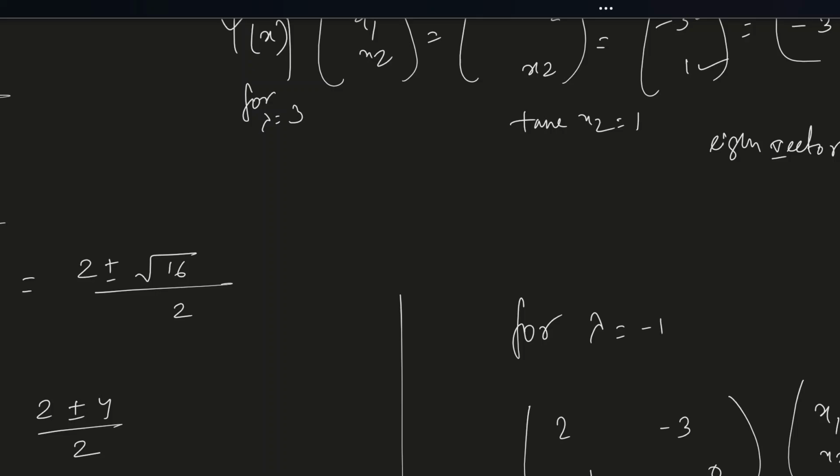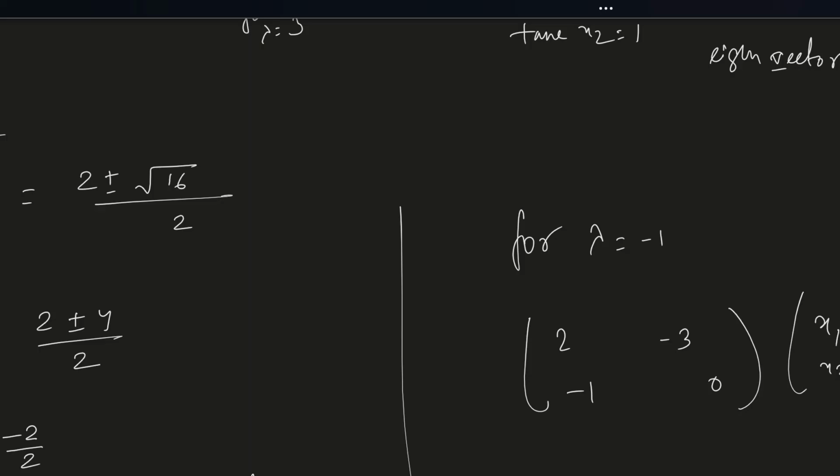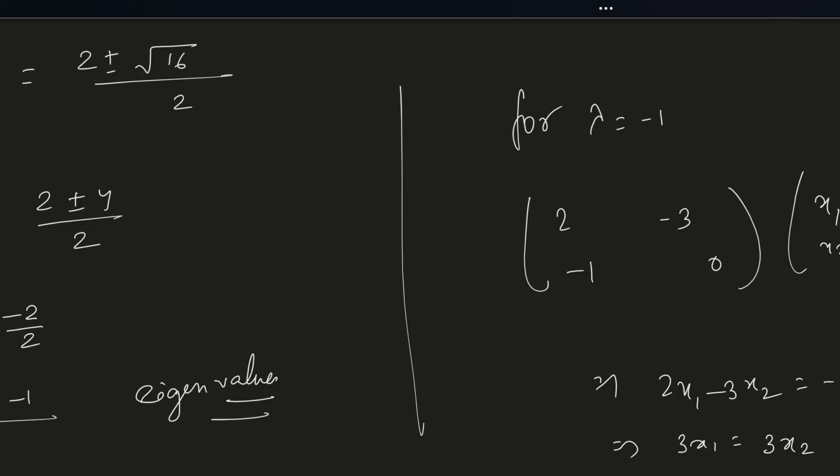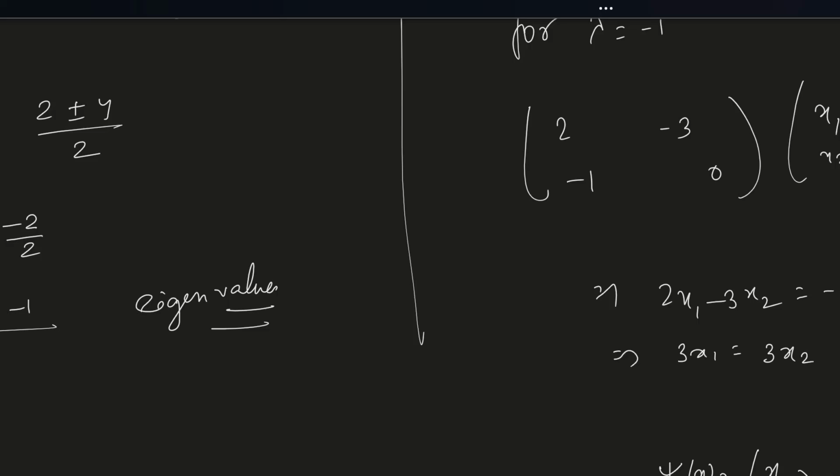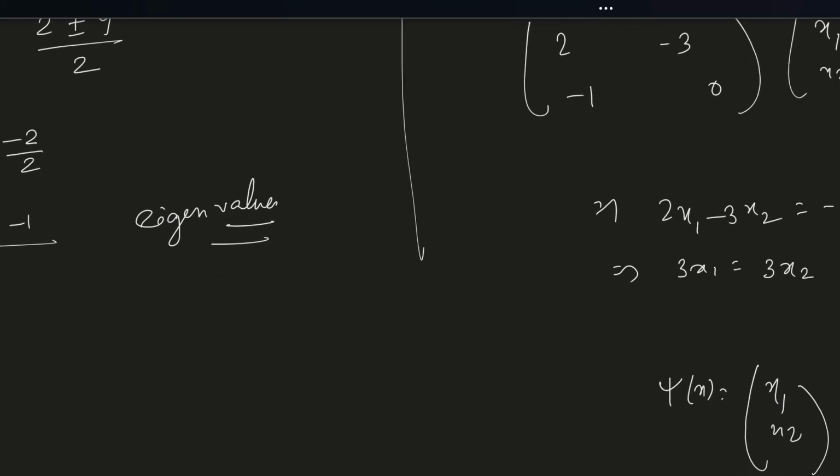So 3x1 is equal to 3x2, and from both of these you get x1 equal to x2. That means your eigenvector psi x in this case is x1, x2, which is 1 and 1, and if you normalize it, it will be 1 by root over 1 squared plus 1 squared, which is 1 by root 2 times |1> plus |2>.